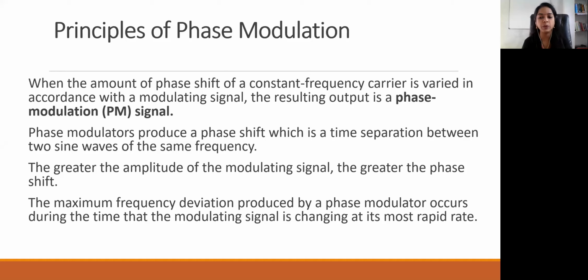First is amplitude, second is frequency, and third one is phase. So whenever we talk of phase, the frequency is always there. Whenever you are going to change the phase of any frequency, you will find that some sidebands will always occur.